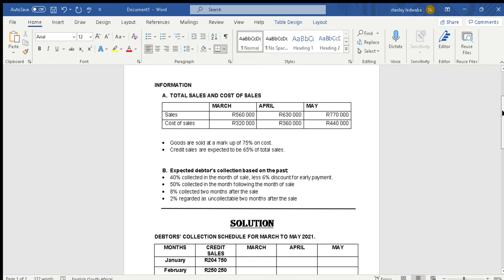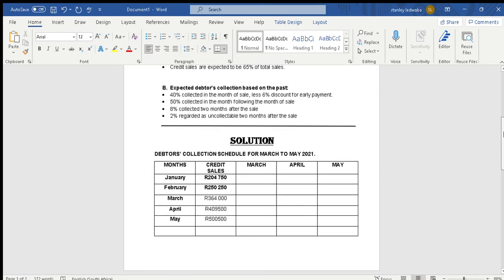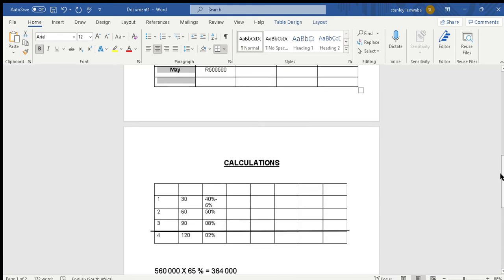Look on the solution. They've given us that we have January, February, March, April, and May, right? So these months on debtors collection, January, February, March, let me indicate with this cursor, are going to be written here.